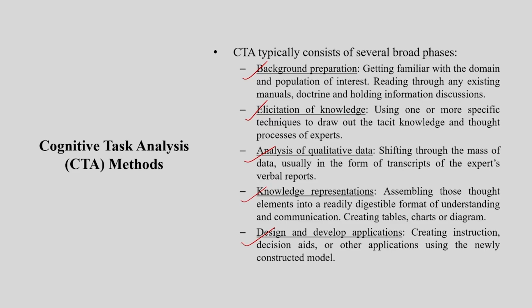So, when we are talking about task analysis, before we choose a method, there are several methods in cognitive task analysis. Before we go for a particular method, we need to understand what performance, or what exactly, we are going to study. So, we have to be familiar with that particular area. Also, the people who are actually involved in that particular job, in that particular task, we need to understand them very carefully.